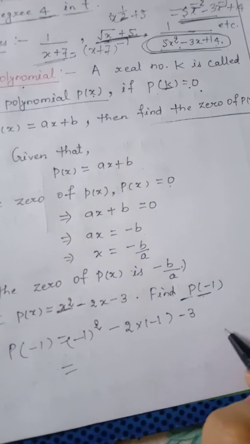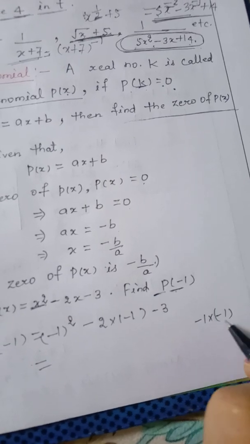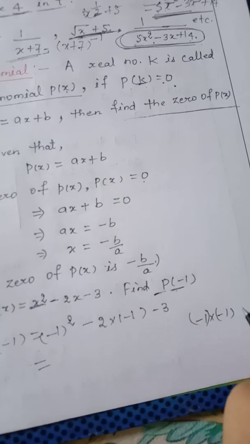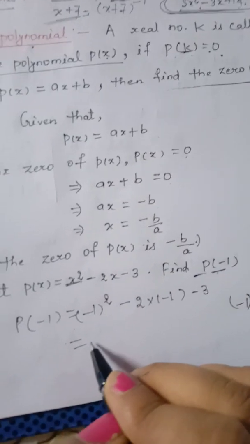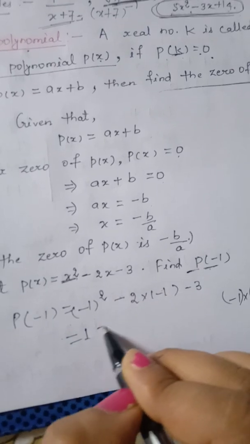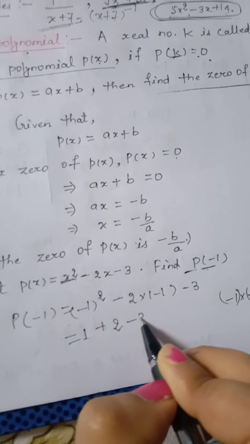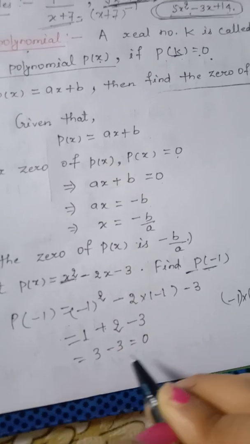Minus minus is plus, so it gives 1 plus 2 minus 3, and 3 minus 3 equals 0.